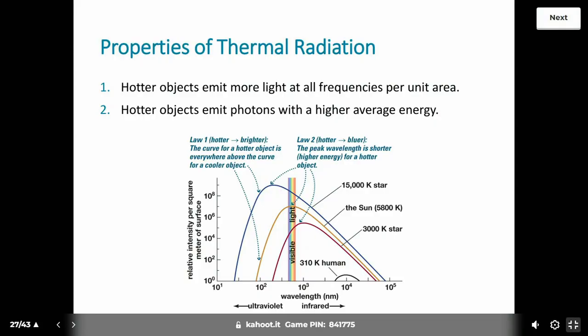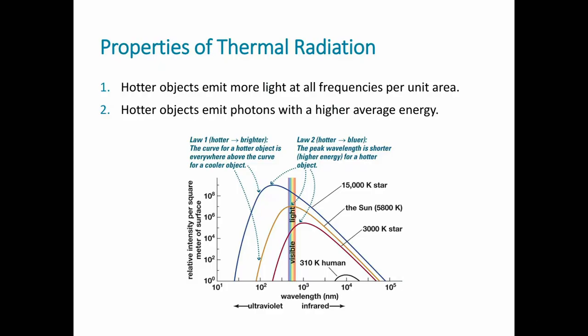So when we look at these black body curves, one of the ways that you can determine what temperature the object is, you make your spectrum, so you plot one of these curved lines, and then wherever the peak occurs, you can use Wien's law to calculate what temperature that object has to have.